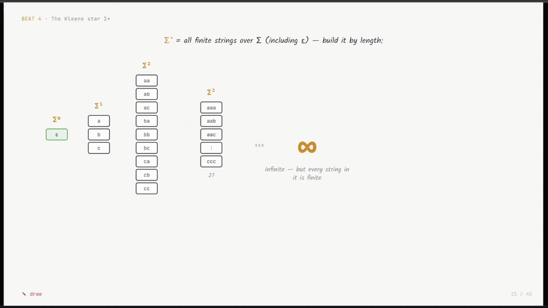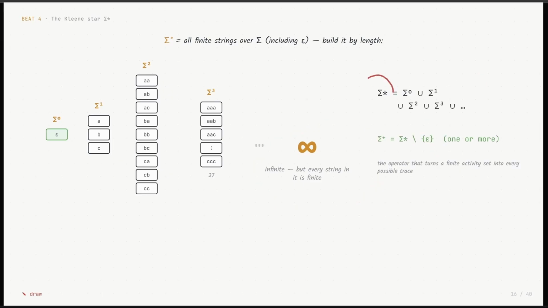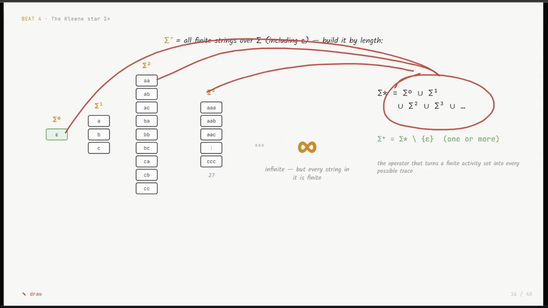So one thing to notice is that every individual string is finite. So here every string is finite. But if you keep going to the infinite, you're gonna find infinite elements, of course. And our Kleene star here is the join operation between all of these sets. So this to the infinite, of course.